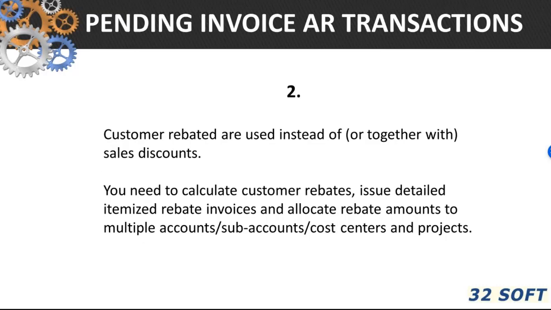Another possible scenario where pending invoice maintenance is useful is when you might need to calculate customer rebates, issue detailed itemized rebate invoices, and allocate rebate amounts to multiple accounts, sub-accounts, cost centers, and projects. This is where the debit credit memo function in QAD shows its limitations, but again, pending invoice maintenance can come to your rescue.